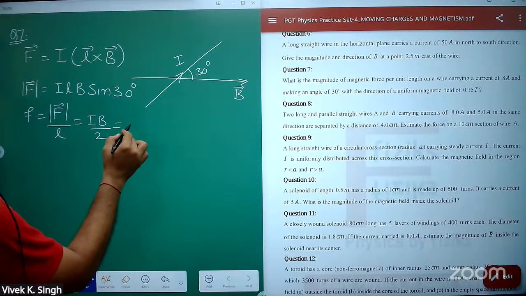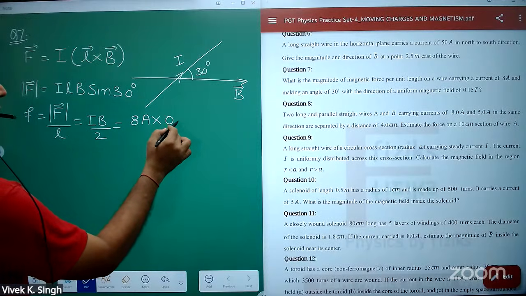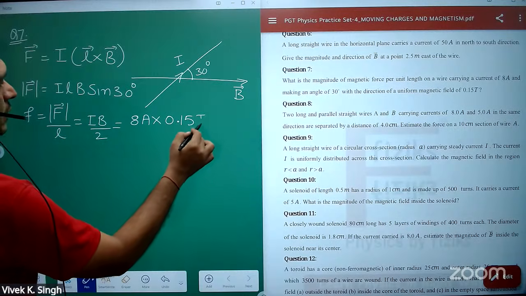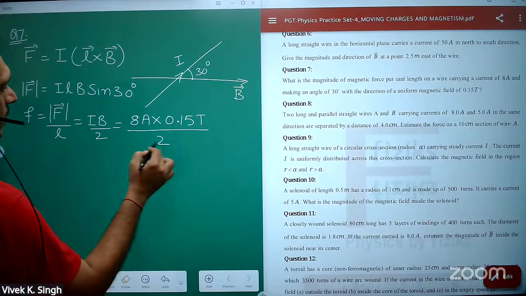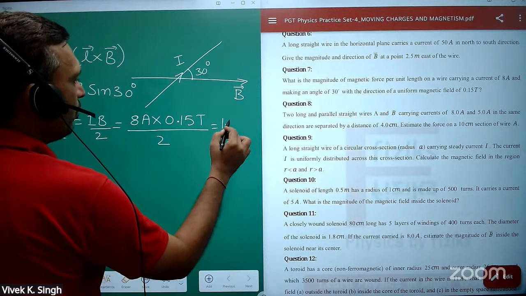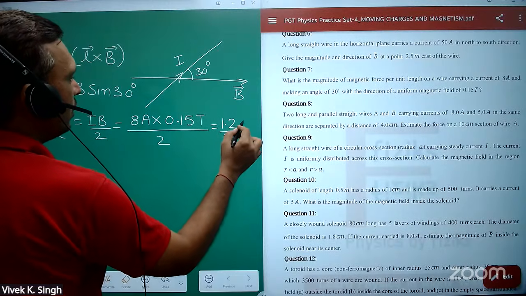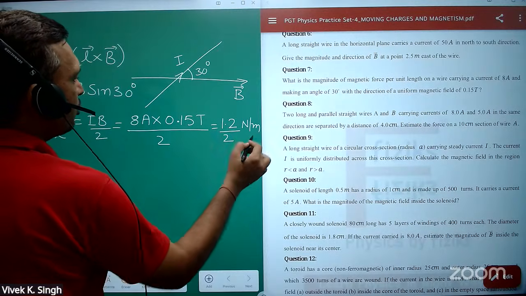Current is given 8 ampere, B is 0.15 Tesla, divided by 2. So this is 1.2 by 2 Newton per meter, force per unit length.